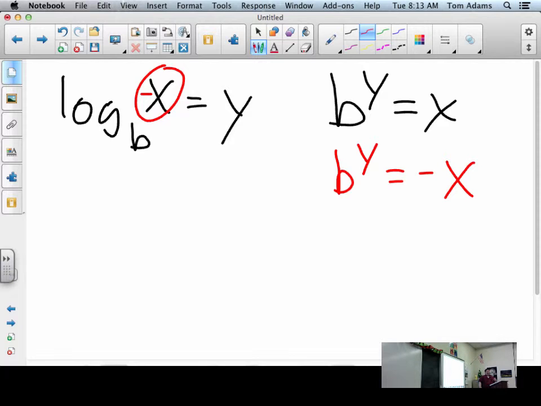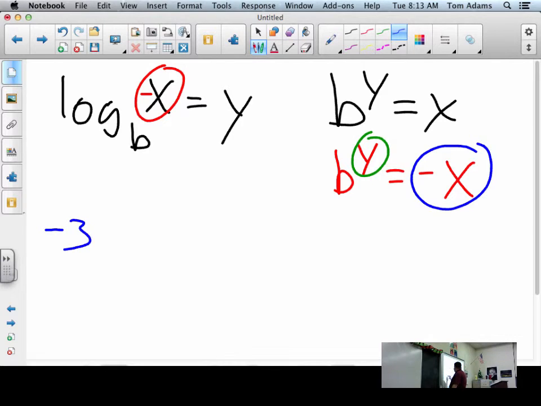Now, remember that y is a power, right? So I'm going to have to raise my base b to that power. Well, there's only one way to get a negative number when you raise it to a power. I'll write the example, and then I want you to think about the answer. Consider this.